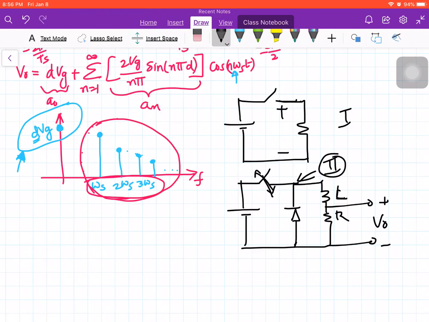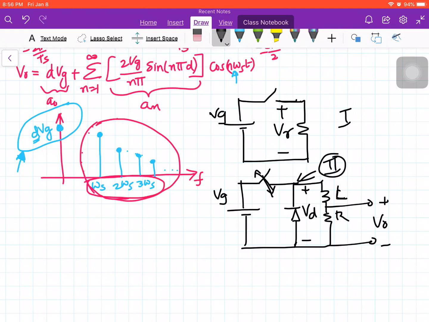If you see these voltages VR, and this voltage, which I'm calling VD, the voltage across the diode, they are exactly the same. That is, when the switch is on, the voltage across the diode is VG.